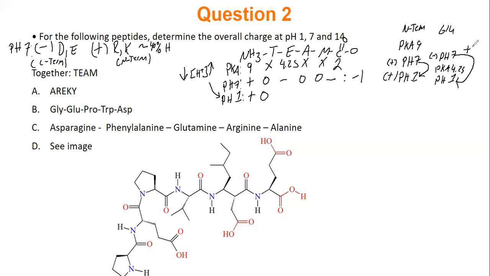Yay. Hydrogens have a positive 1 charge. Therefore, if I have a negative 1 charge at a pH of 7, when I go to a pH of 1, I'm now neutral. So at a pH of 1, glutamic acid is neutral.